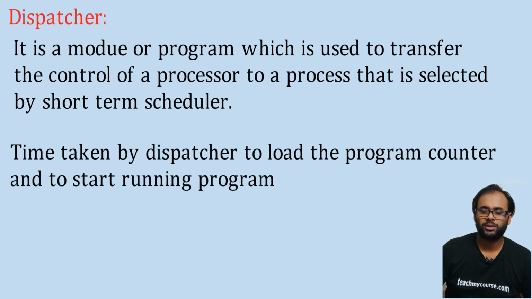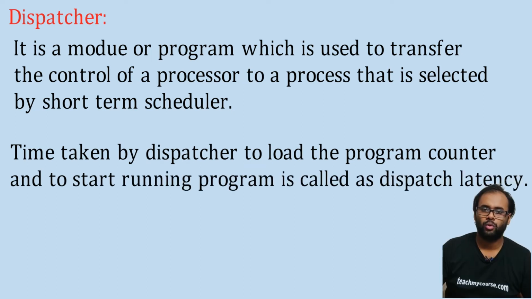The short-term scheduler selects the processes from the ready queue that are ready for execution, and the dispatcher transfers the control of the CPU to that process. So the short-term scheduler selects the process from the ready queue for execution, while the dispatcher transfers the control of the CPU over that process.